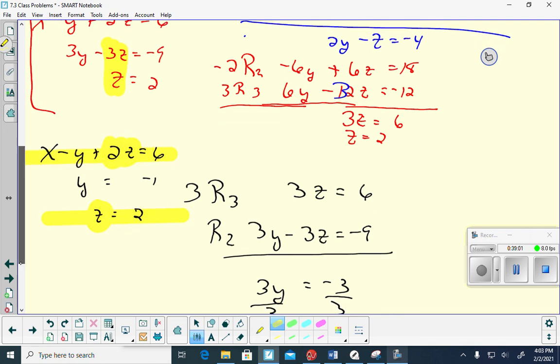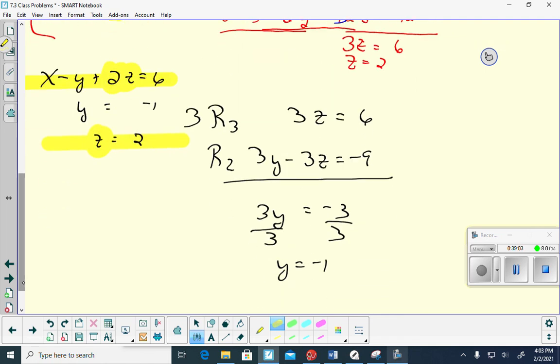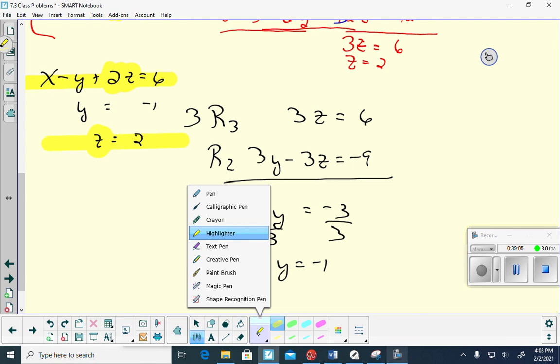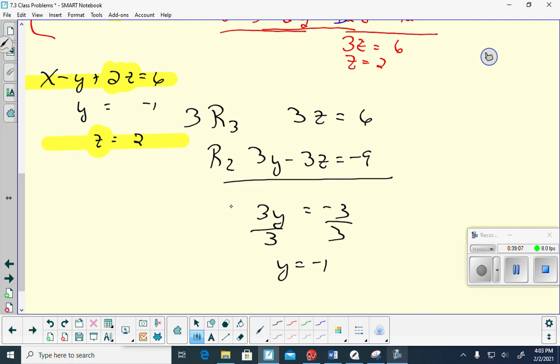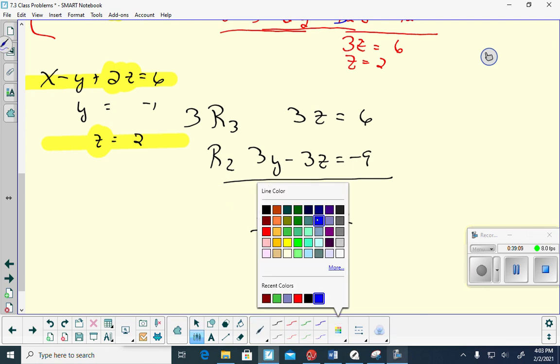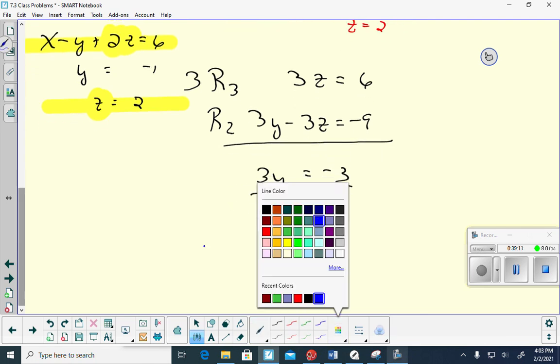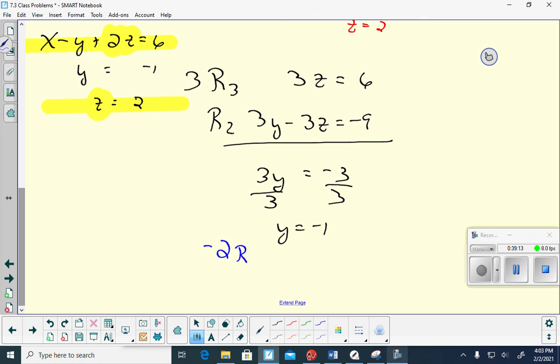So it looks like I'm going to have to multiply row 3 by a negative 2. That'll end up being negative 2z is equal to negative 4.